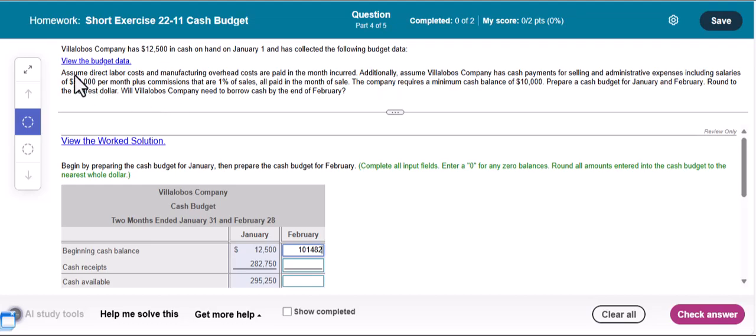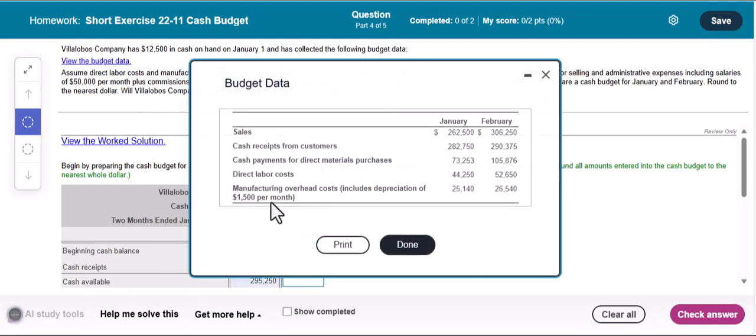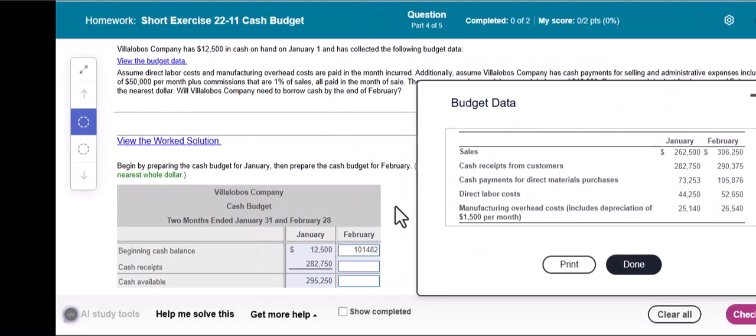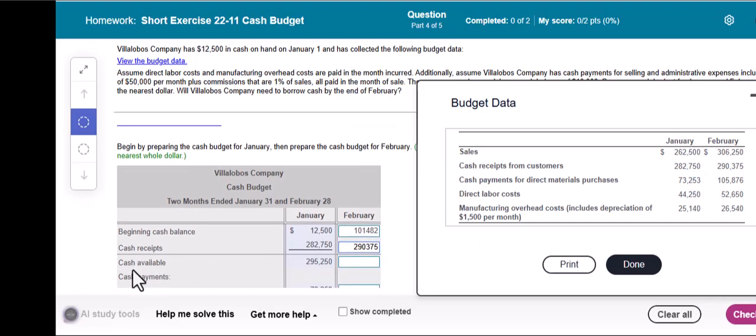And then we want to pop open our budget data again so we can have our cash receipts here. So we grab our cash receipts from customers for February for $290,375. So it looks like our cash receipts have increased slightly from January. So we have cash available now.